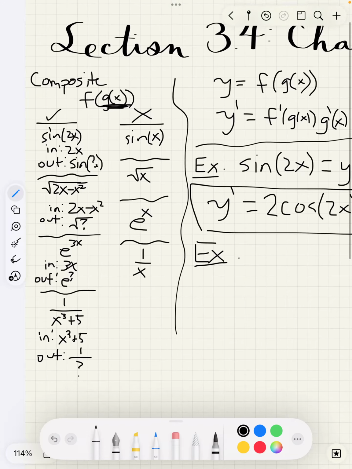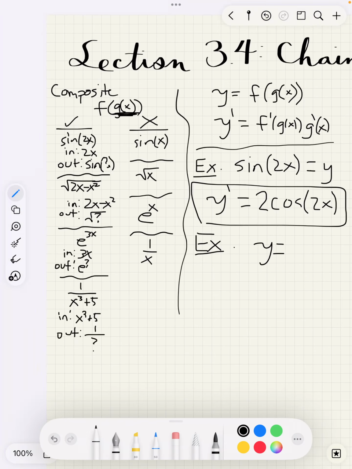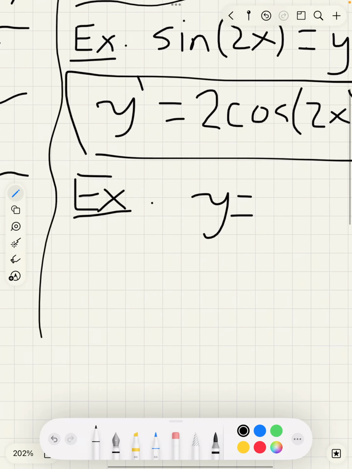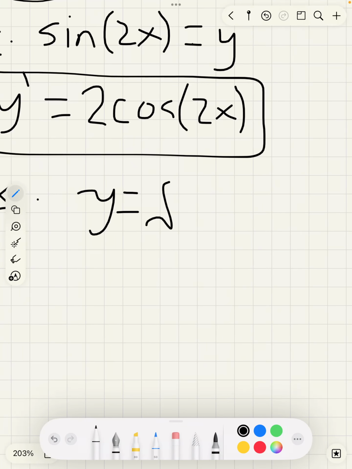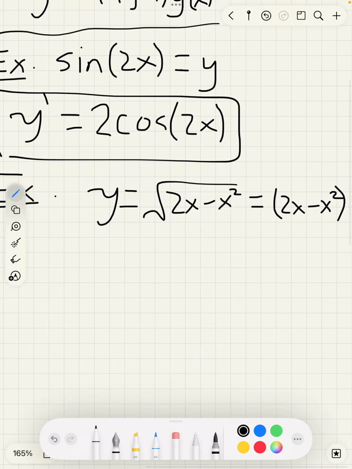Let's say that we want to find the derivative of, what's that other one? The square root of 2x minus x squared. Before I take the derivative for this, it's going to be a lot easier for me if I rewrite that square root as a power. So everything inside the square root, 2x minus x squared, is being raised to the power 1/2.